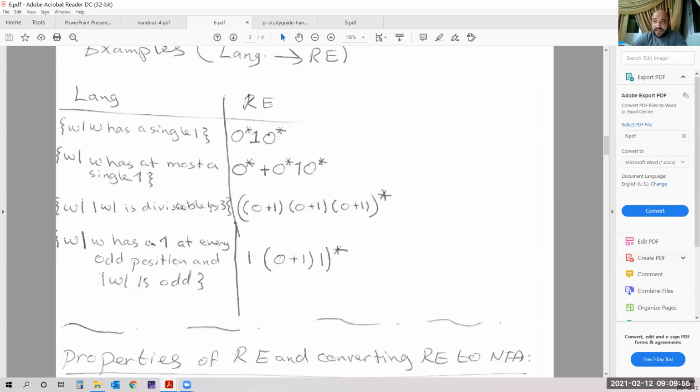How will I represent that? It will either be a 1, concatenated with 0 or 1, concatenated with 1, star, to make sure that in the odd positions we have 1 and the length is odd.